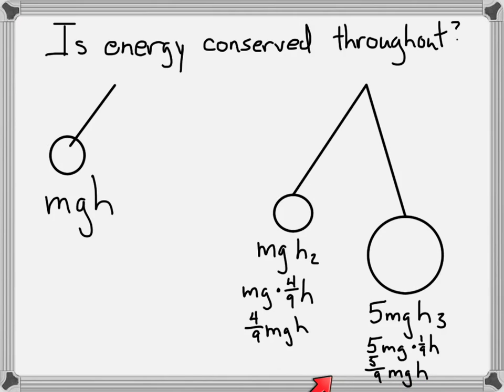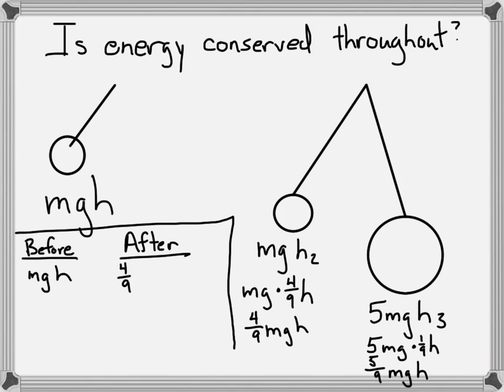So if I add up all of the potential energy between these two after the collision, I get 4/9 mgh plus 5/9 mgh. Well, that's 9/9. And that's just going to be mgh. And that matches the energy that I started off with. So it is true that energy was conserved throughout this entire process. And we just show that we didn't lose any energy. Let's put it that way.